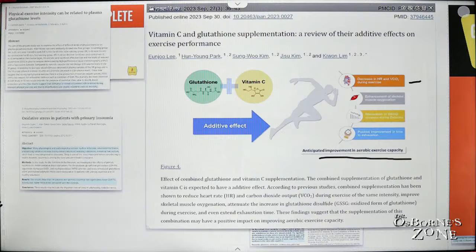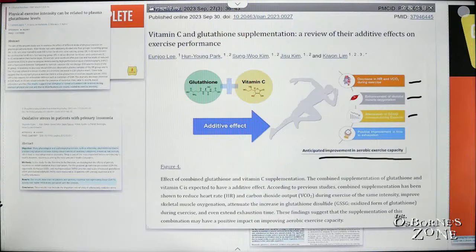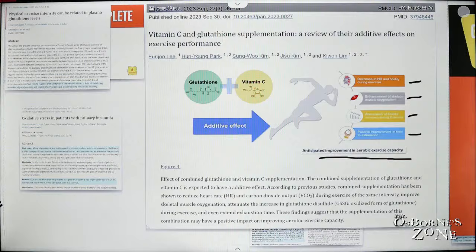You get an enhancement of skeletal muscle oxygenation, so you get more oxygen into the muscles. You get an attenuation, or a slowing down, of breaking down of glutathione. Remember, glutathione is used up during exercise, so when you supplement, that reduces that. And you get a positive improvement in time to exhaustion, so athletes can perform longer.